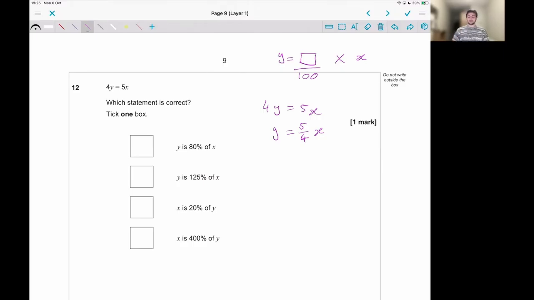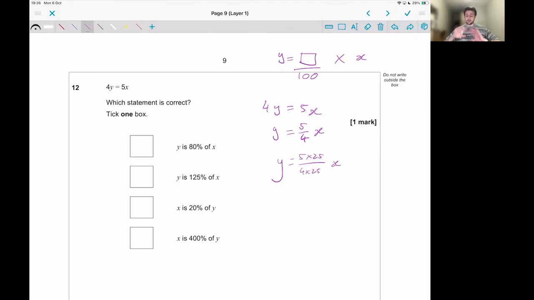Well, 4 times 25 is 100. So we're going to times the bottom by 25, but we don't want to break the equality. So we can't just freely times the bottom by 25. We also have to times the top of the fraction by 25 to keep it an equal fraction. So we're going to get 5 times 25 over 4 times 25, x.